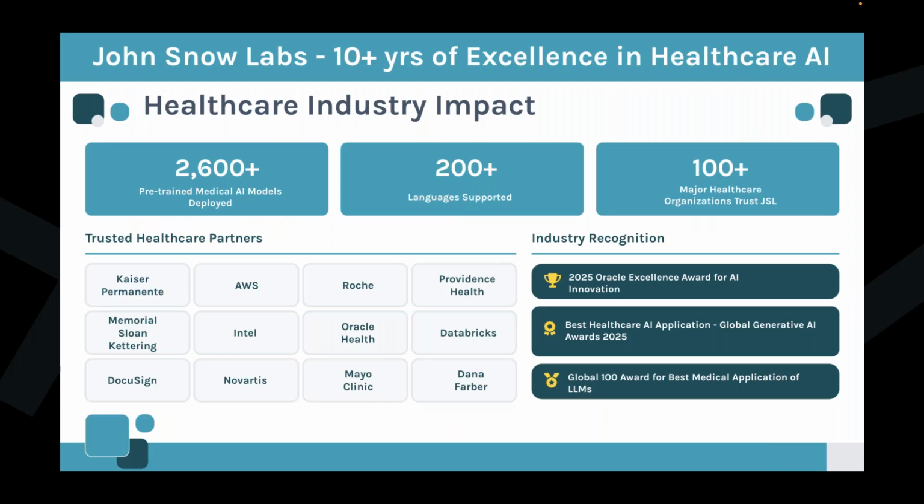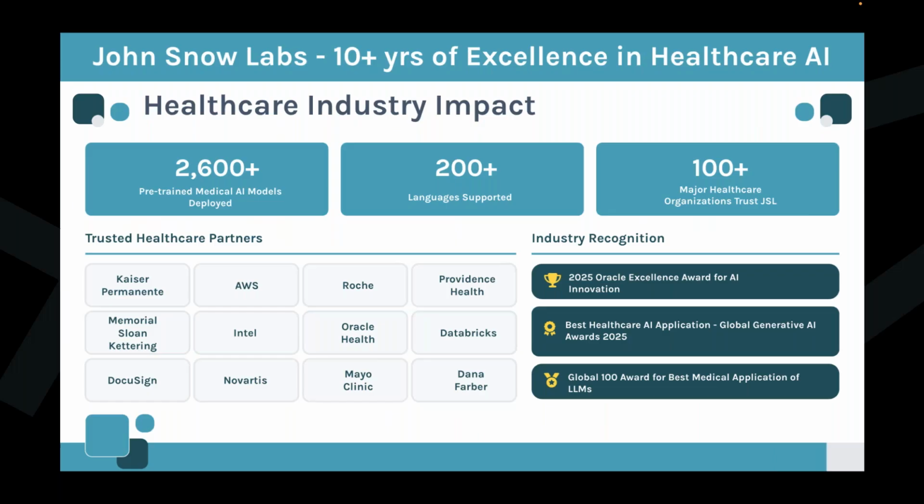On the healthcare side, we have more than 2,600 different pre-trained models. They are of different sizes. Some of them are just for entity extraction, some of them are end-to-end entity extraction, relation extraction, ICD-10 code extraction, etc. These models are trained by us. They are not just dumped into our library from Hugging Face or somewhere.